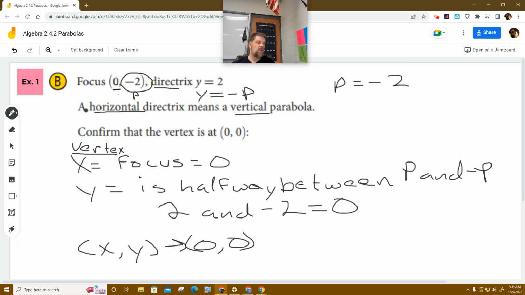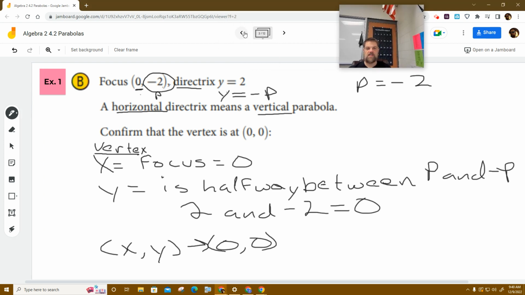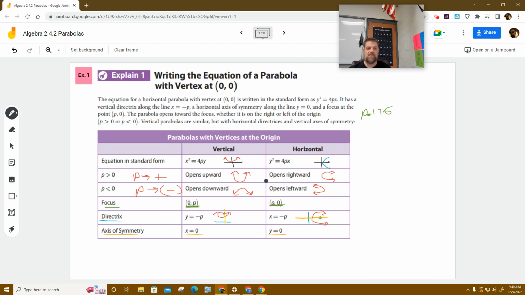And if you're wondering what this graph would look like, now we could take this a step further and actually graph it. So remember, you have to look at the table of values. So I know this off the top of my head, but when you go to do your homework, you're going to look at that and say, oh, this was 0 comma p, it's vertical, so all this stuff applies.